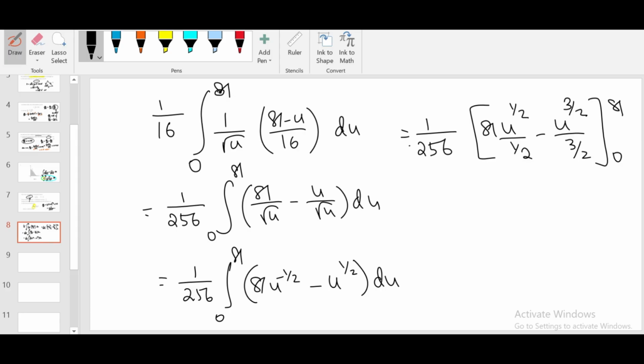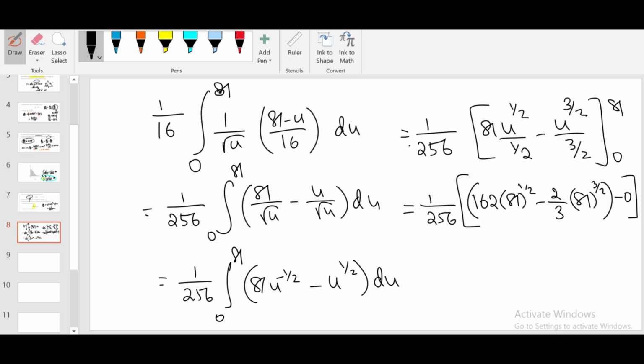So first I'm going to sub in the upper limit. 1 over 256, 81 by half is 162, 81 power half, minus 2 over 3, 81 power 3/2. That's upper limit minus lower limit, which is 0.